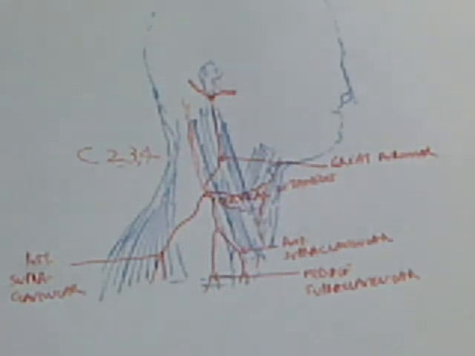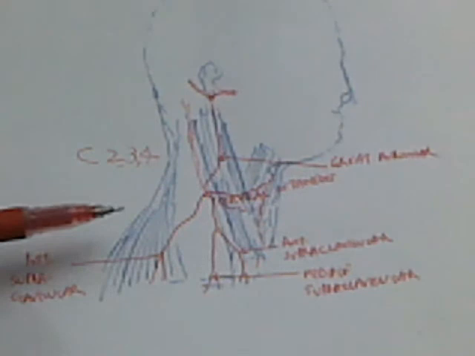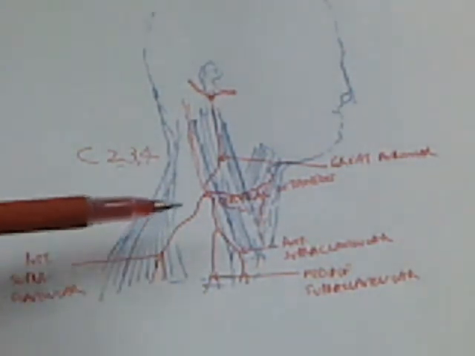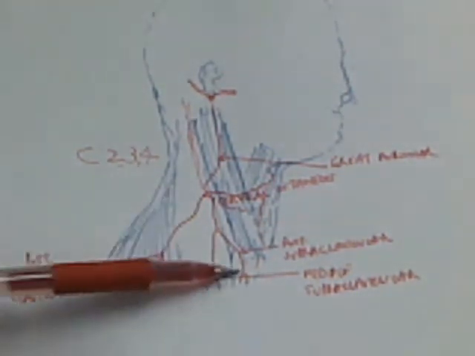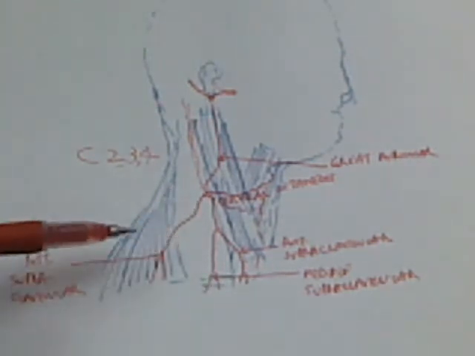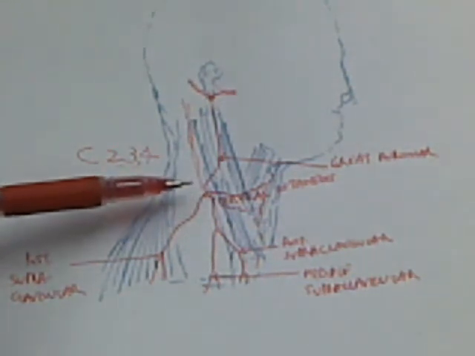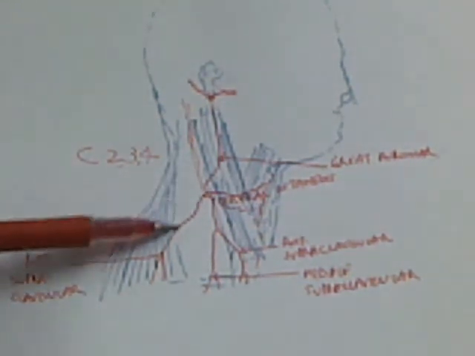Now coming to the next nerves, very important, the supraclavicular nerves. These arise from the third and fourth cervical nerves, and they emerge beneath the posterior border of the sternocleidomastoid and descend in the posterior triangle.